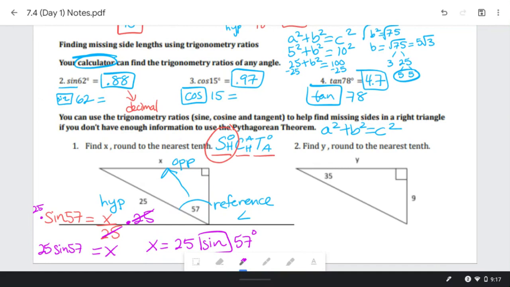You want to just make sure you round it. In this case, we're going to the nearest tenth. So for this, what do you get? 20.9667, and it keeps going, but we're just going to go ahead and round that. So I'm going to put the little squiggly equal sign to 21.